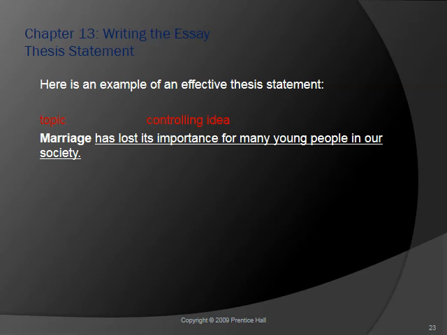They want to live together, they want to have children together, but they don't want the financial commitments that come along with a marriage. So your topic sentences can be branched off from exactly what I just stated, just giving examples of why marriage has lost its importance.